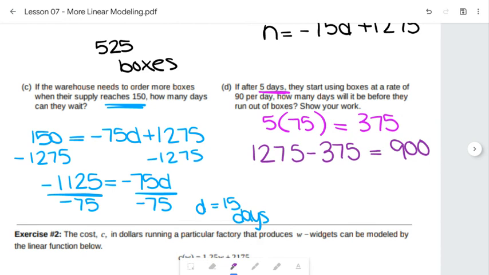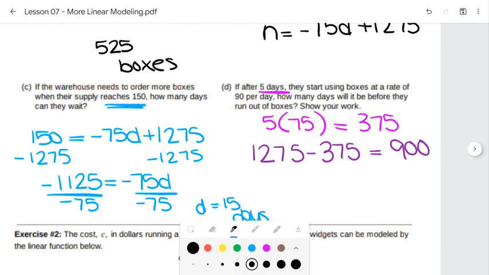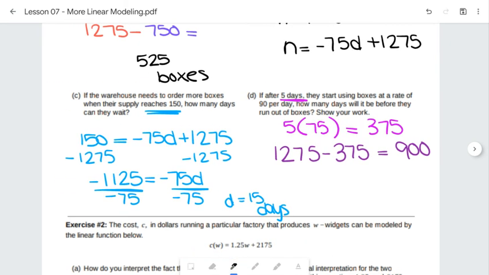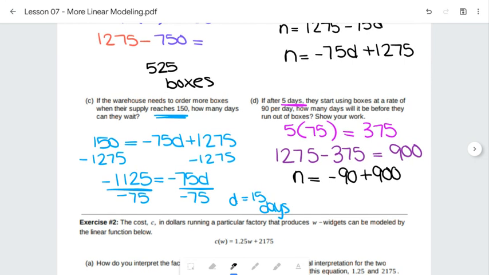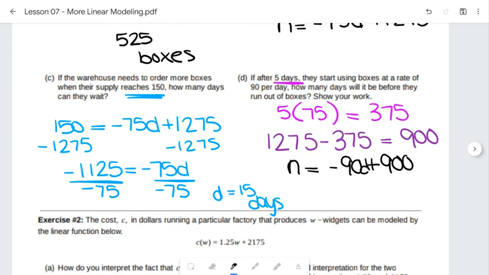Now, if I rewrite my formula, I'm thinking it's now going to be n is equal to negative 90d plus 900. And we want to figure out how many days it takes for us to run out. So if we run out, we'd be at 0.